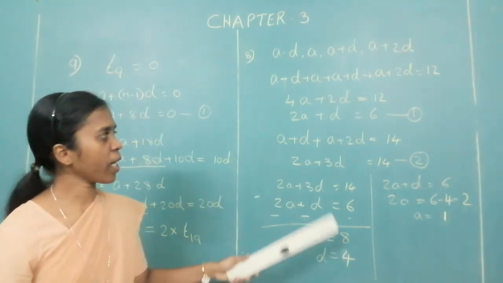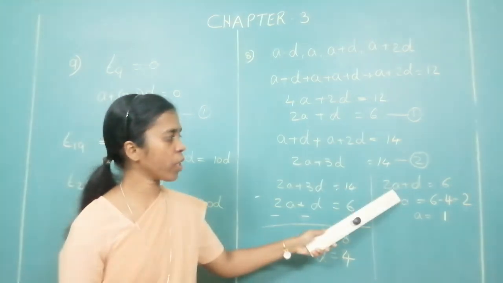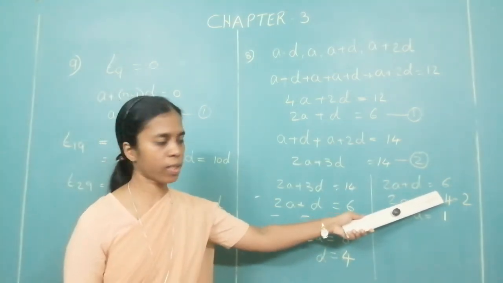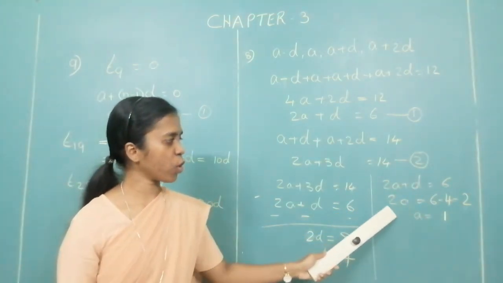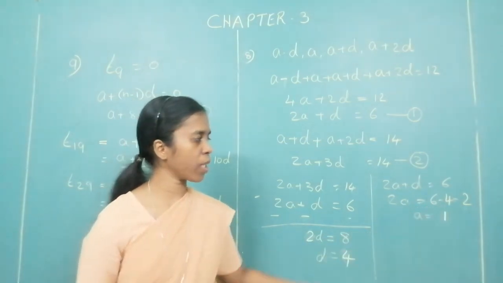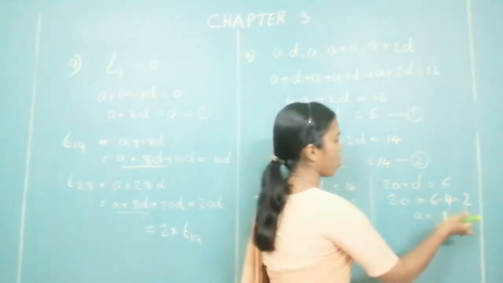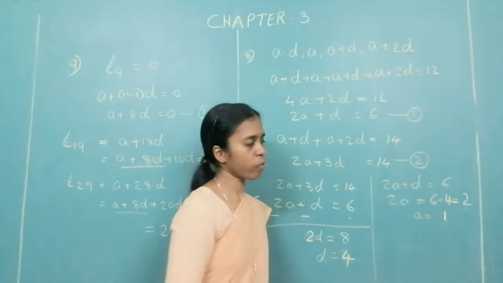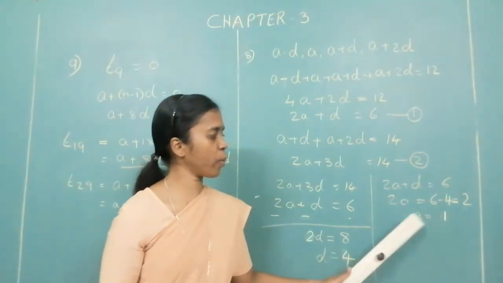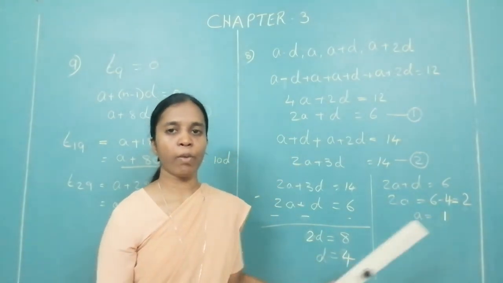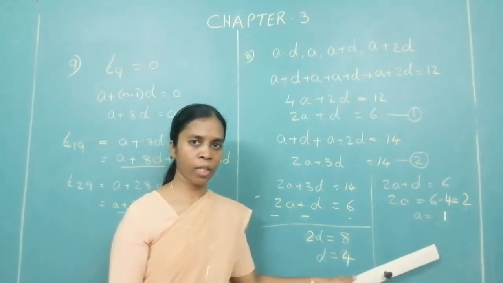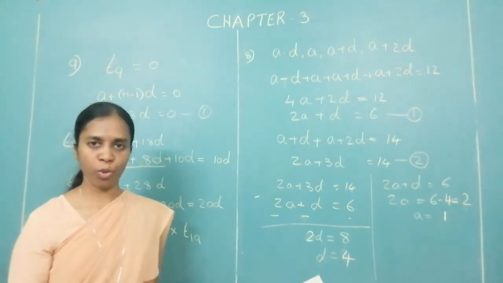Now substituting that value in equation 1, 2A plus D is equal to 6. D is 4. So 2A is equal to 6 minus 4, that is equal to 2. Therefore A is equal to 2 upon 2, that is 1. Now you have A is equal to 1, D is equal to 4.